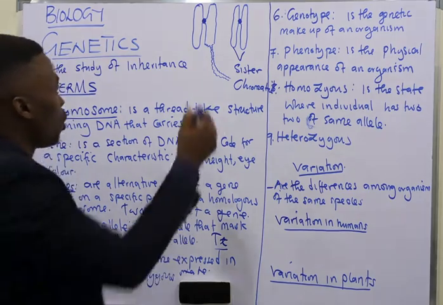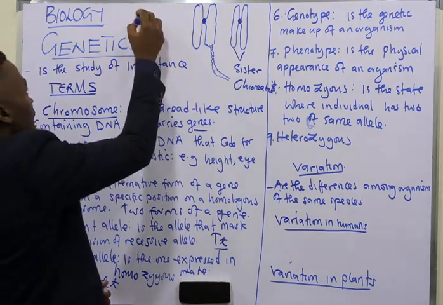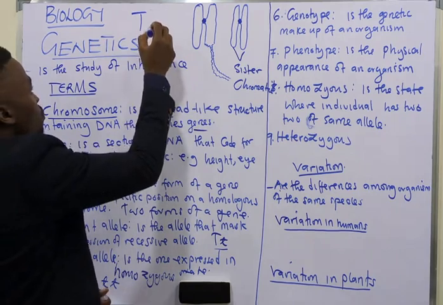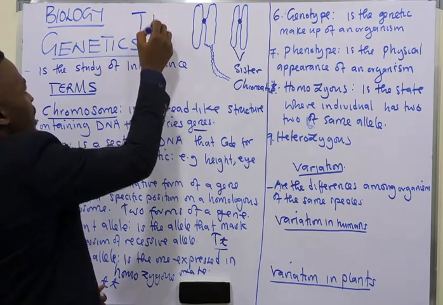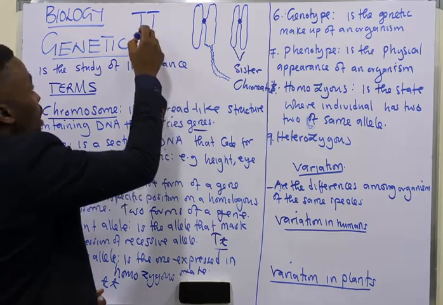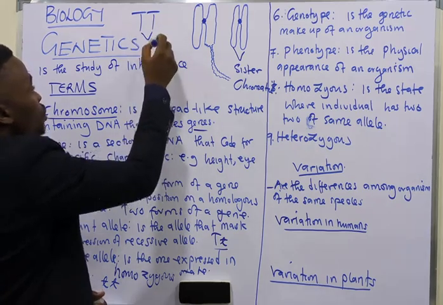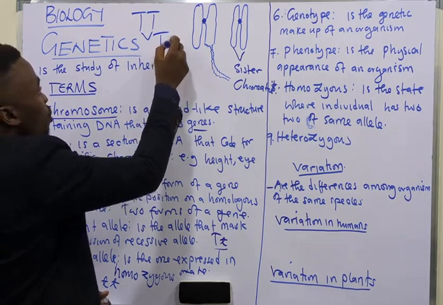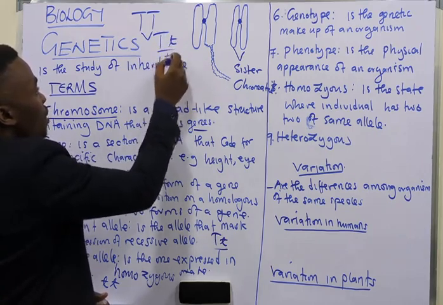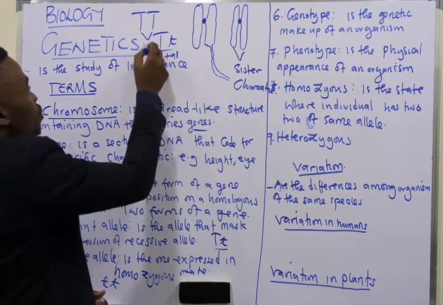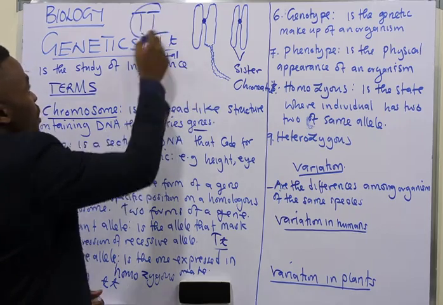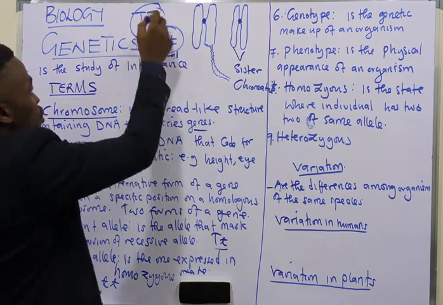So if someone is tall, I love using height because I think this one is very easy to understand. So when someone is tall, they can have two alleles, both tall, or one tall, the other one short. This one overall will still be what? Tall. This one will still be what? Tall. So this is the genotype for height, tallness.